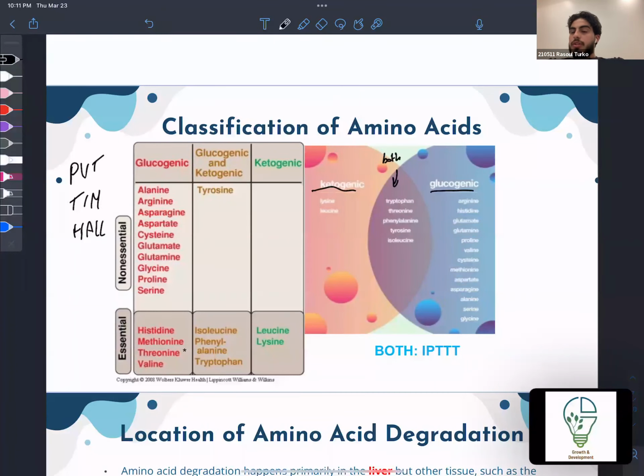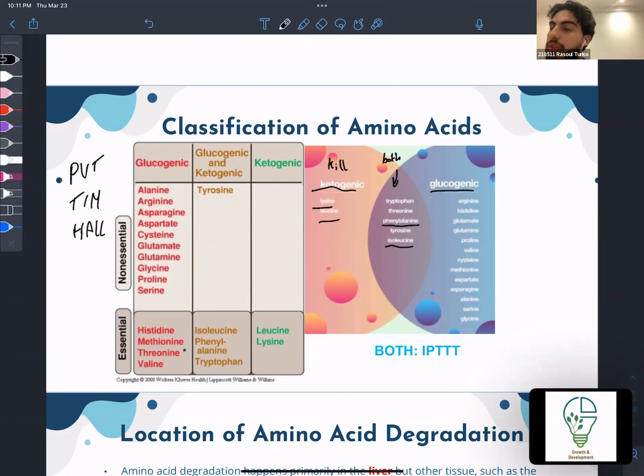Okay, so again, we said ketogenic is this mnemonic, which gives us leucine and lysine. Both is another mnemonic that I have. It's IPTT. Okay, so it's I as in isoleucine, P as in phenylalanine.